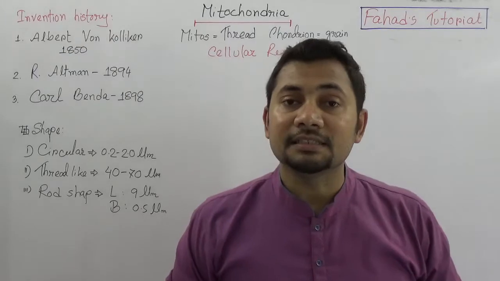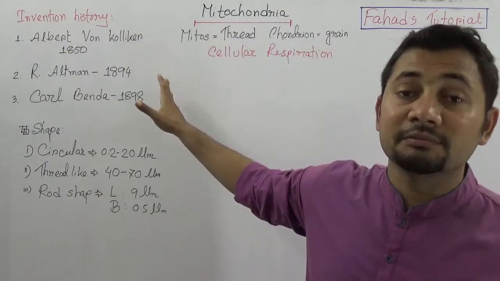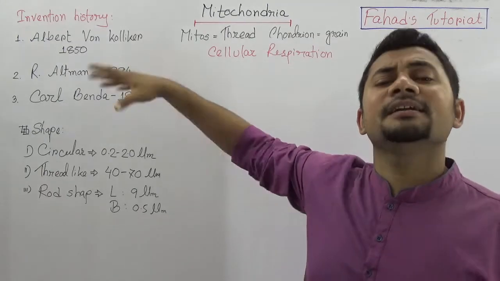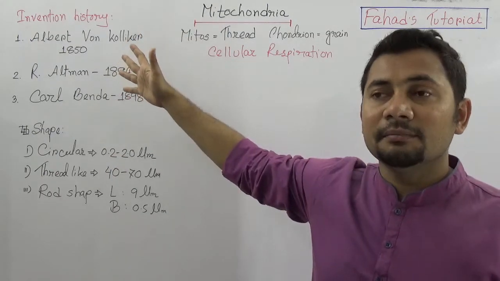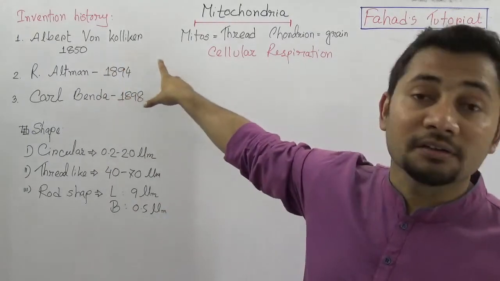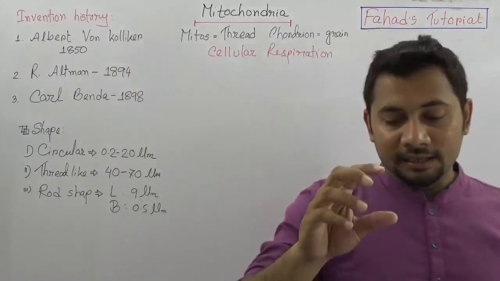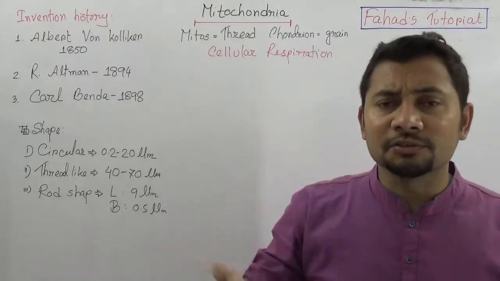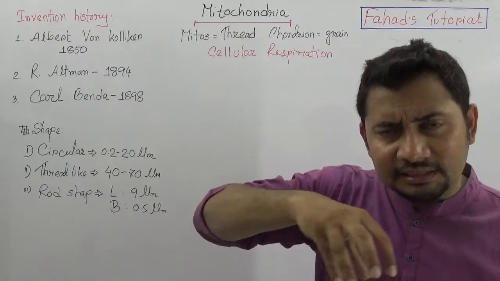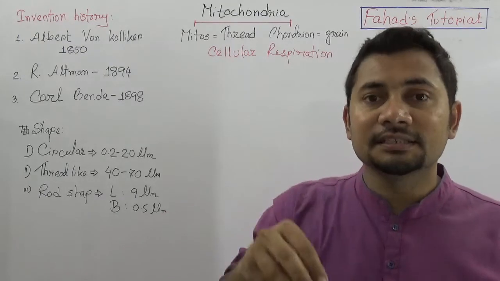If we see the invention history of mitochondria, we must know the first scientists like Albert von Kolliker. There are a series of scientists, but following the books only, I wrote three. Albert von Kolliker in 1850 observed through the microscope that there are some things inside the cells in the cytoplasm.